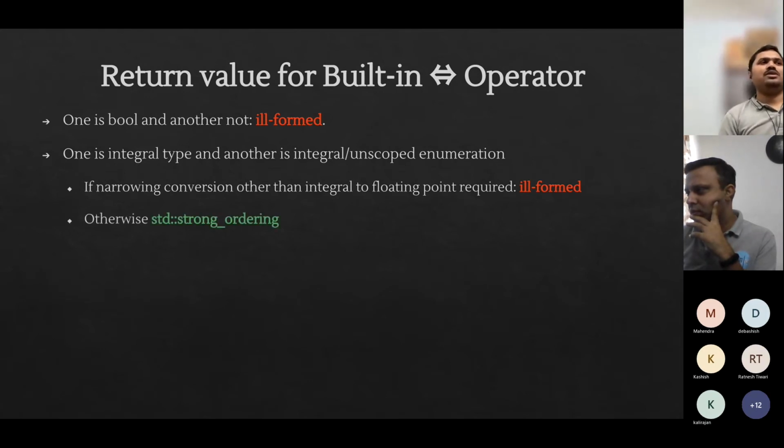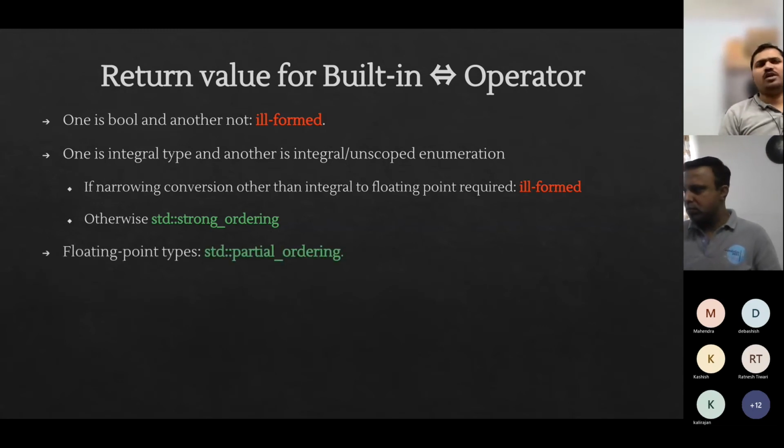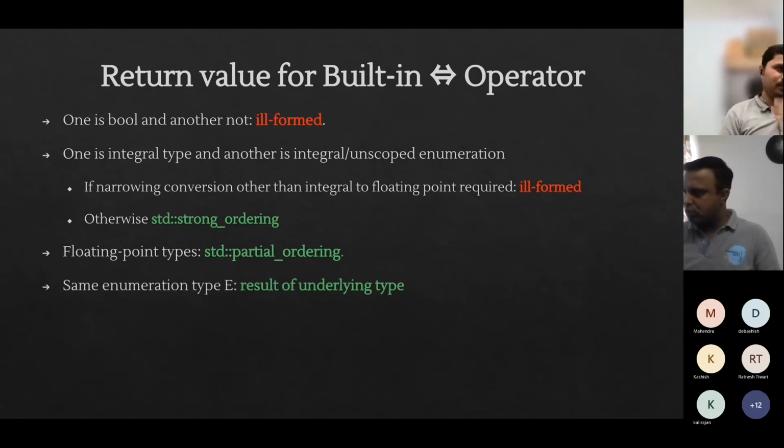Otherwise, the return type is strong ordering. So in simple words, if it is an integral type, then the return type is a strong ordering, because for integrals you can always say which integer is less than or greater than or equal to another one. There is a definite answer for that. For all floating point types, this is a kind of a partial ordering, right? I talked about NaN, -0, +0.